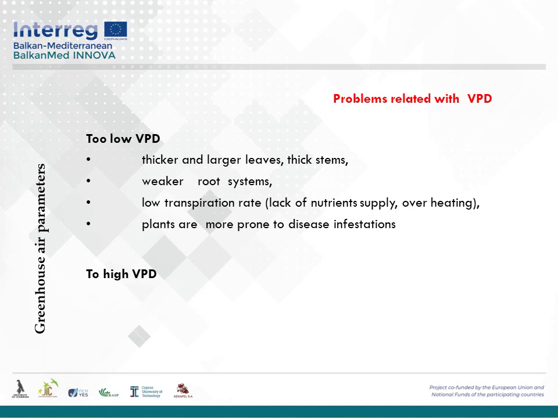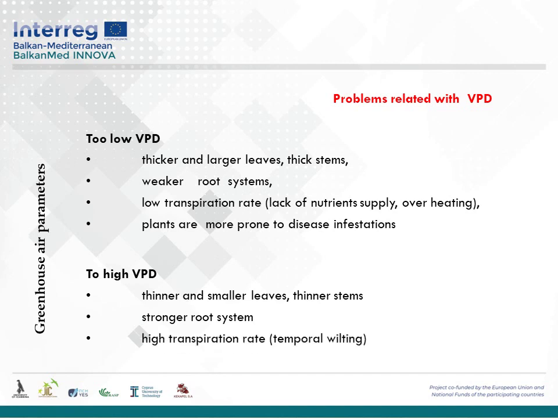and might cause serious problems in the plants. On the contrary, in case of high VPD values for a relatively long period, the plants will have a totally different appearance. They have thinner and smaller leaves, they have thinner stems with a higher content of dry matter overall in the stems and the leaves. They will have a stronger root system, which is better developed and goes deeper into the soil.